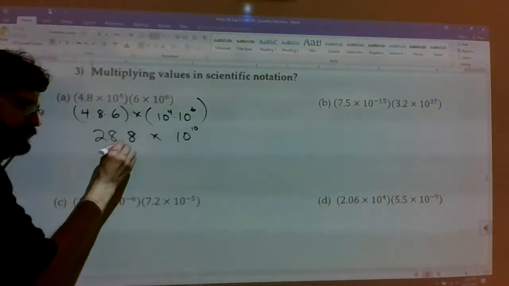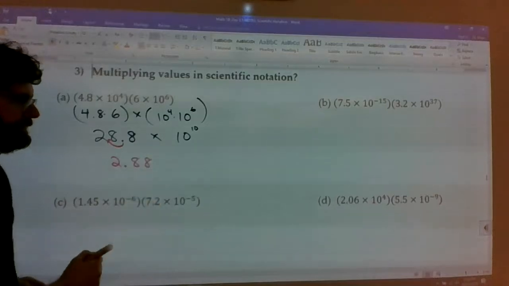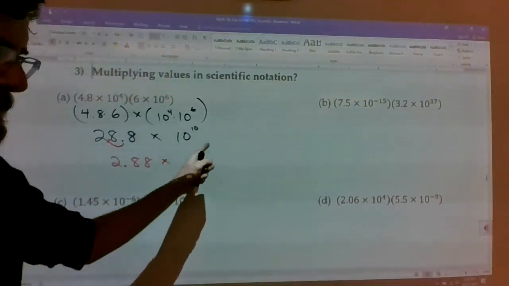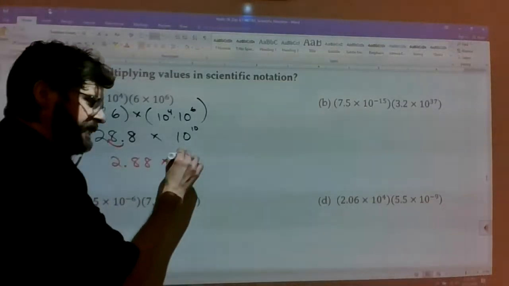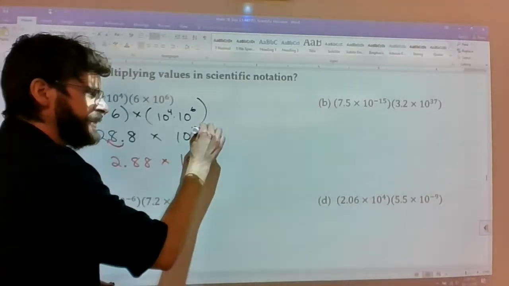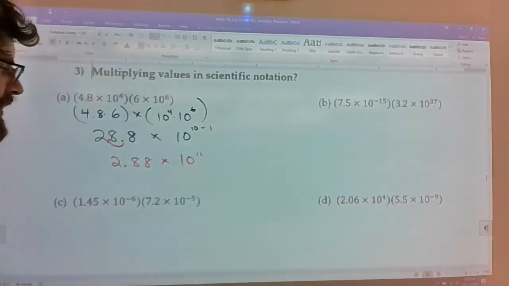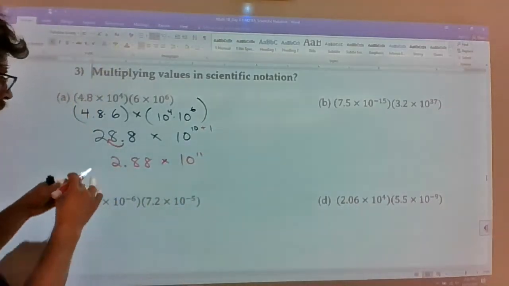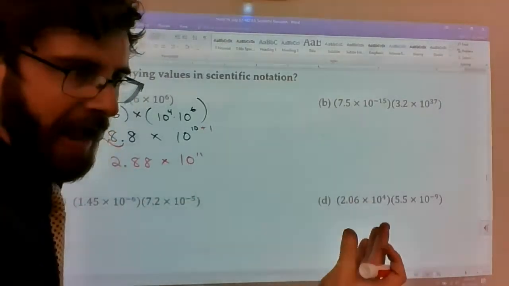Be sure to rewrite this as 2.88. And it seemed like we added a power of 10 every time we had a bigger number. So that's going to be the same thing here. It's going to be 10 to the 10 plus 1 power. You can almost think of this as 28.8 has an excess power of 10.